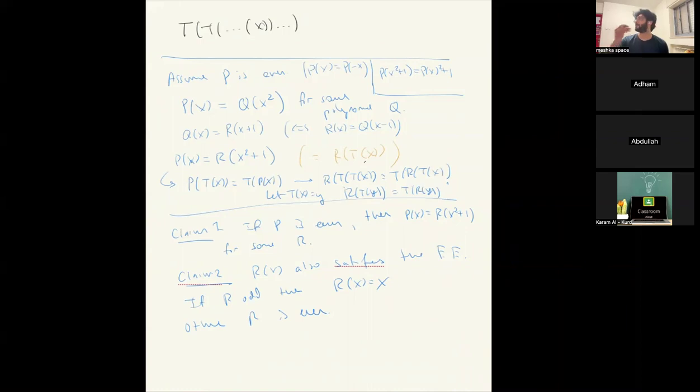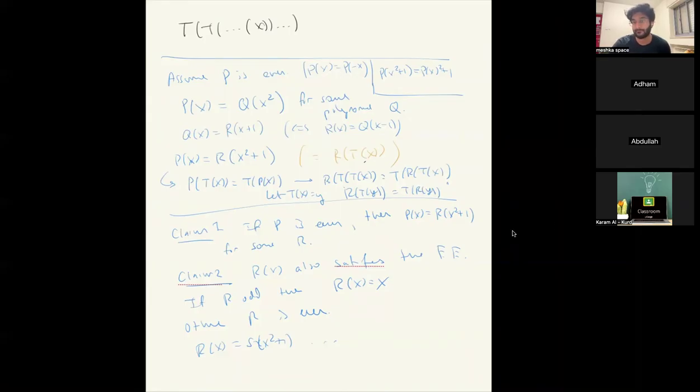And maybe we repeat this process. That's right. If R is even, we just repeat. So R of x is equal to S of x squared plus 1, and we just repeat. Okay, so the point is, at some point we have to get a, yes?